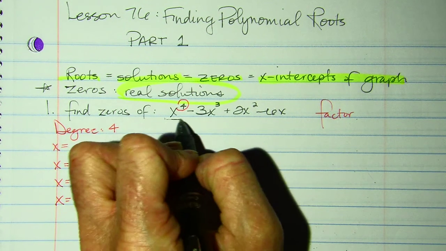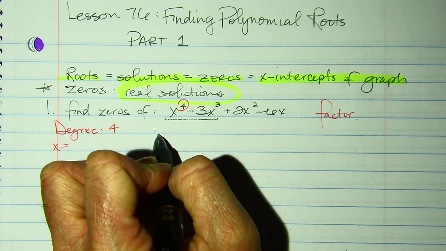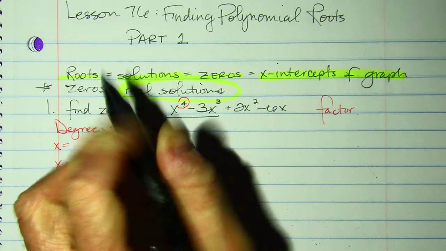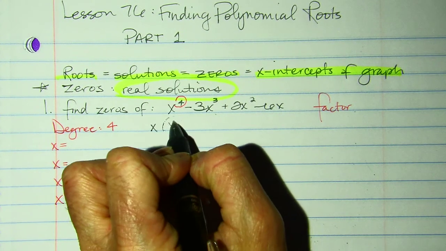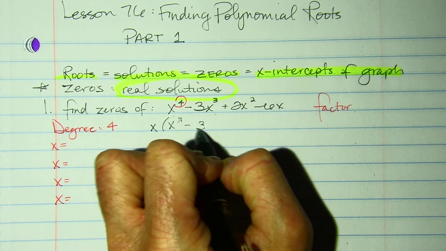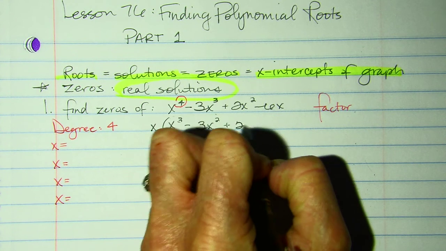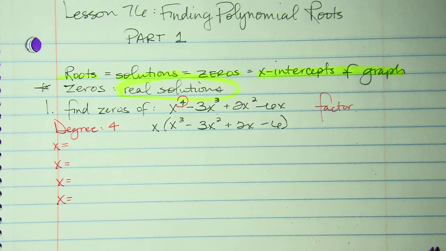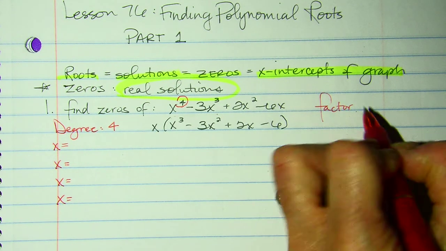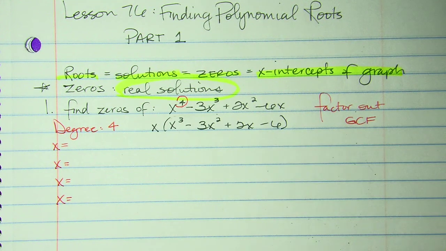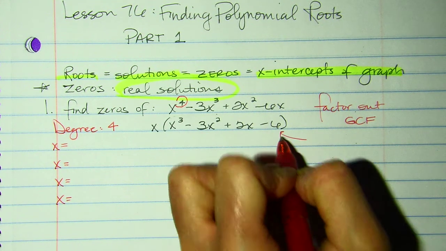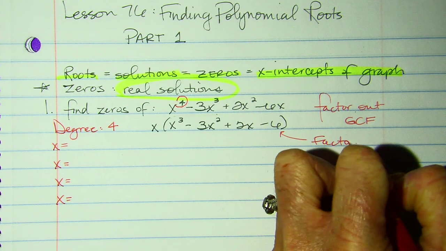I notice the first two terms have x. Actually, all 4 have x in common. If I take x out, I get x cubed minus 3x squared plus 2x minus 6. So I factor out the GCF and then I'm going to factor by grouping.